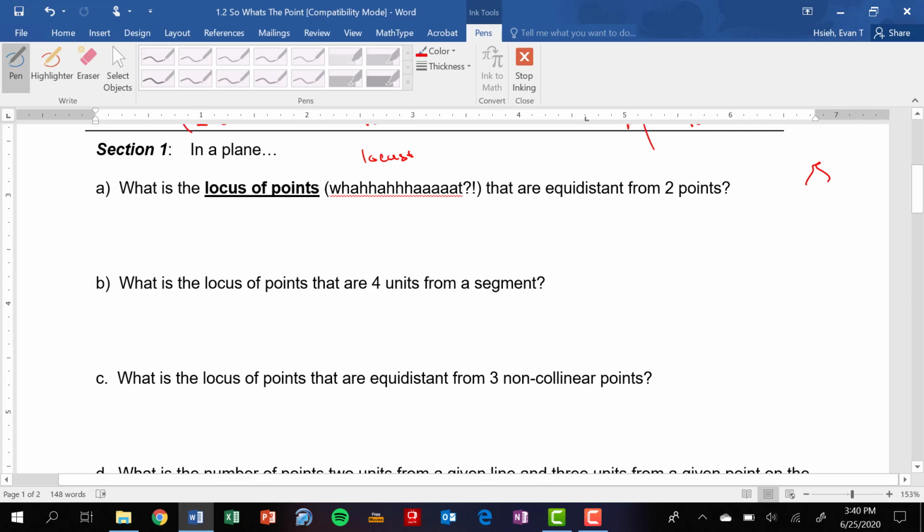A locus is defined as a set of points that satisfy a given condition.